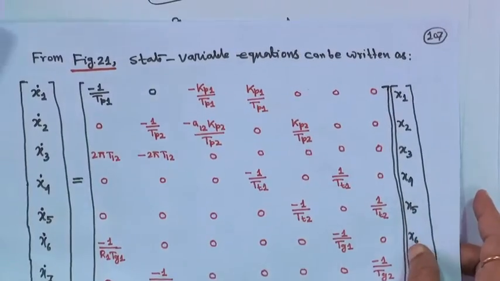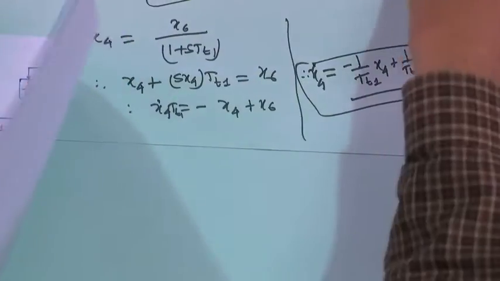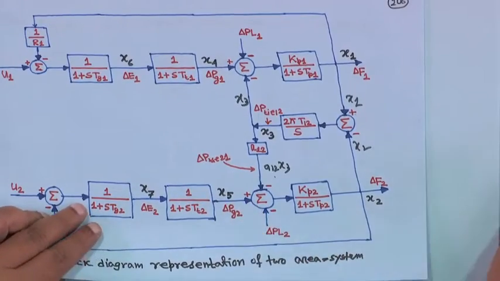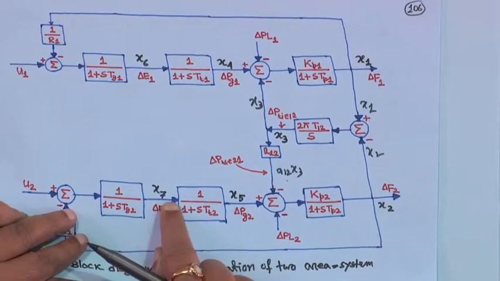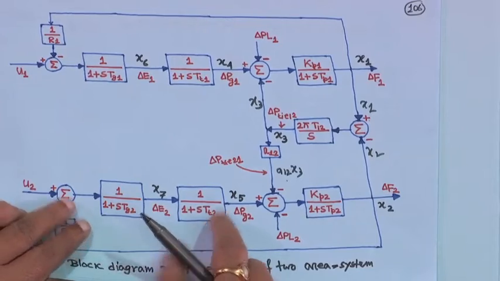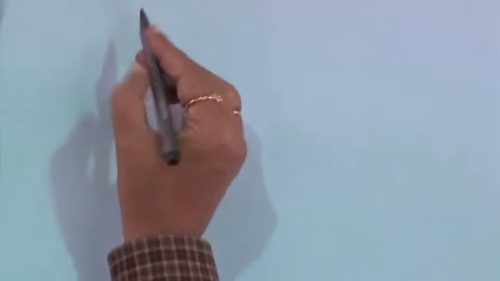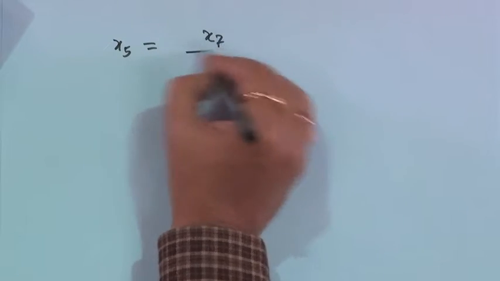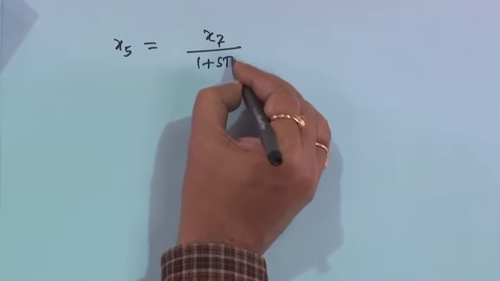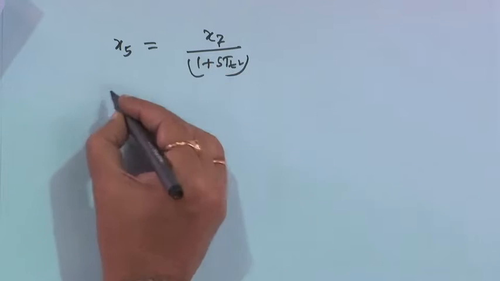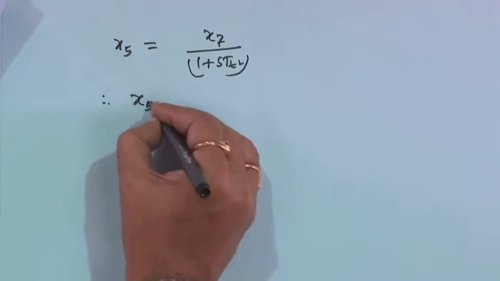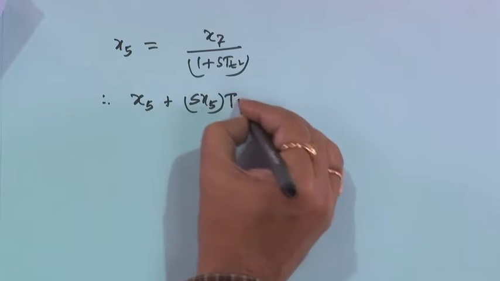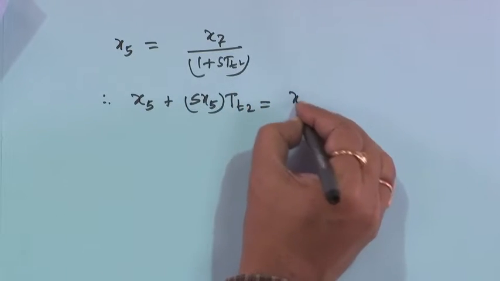Next you consider that x5, right, that is this one. So, similarly you can write x5 is equal to x7 upon 1 plus sT_T2. That means we can write x5 is equal to x7 divided by 1 plus sT_T2, then cross multiply. So, it will be x5 plus s x5 T_T2 is equal to x7.